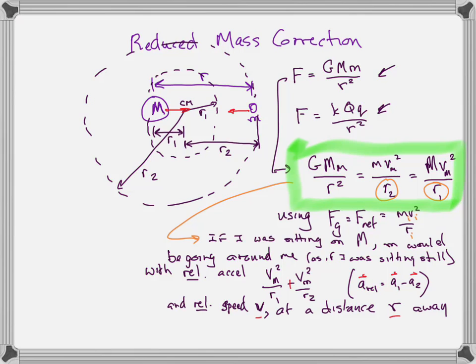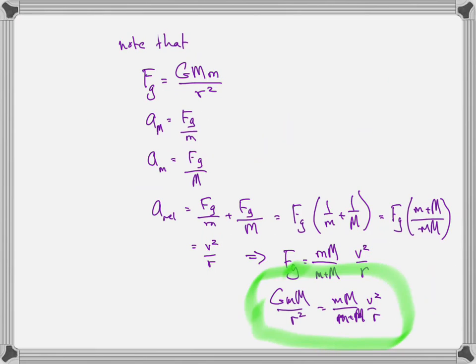But if we instead put ourselves in the frame of reference of big M, the other mass orbits me. So if we can assume that big M is sitting still, the other mass orbits me as if it's got what's called a reduced mass of this: little m big M over the sum, the product over the sum of the two masses.